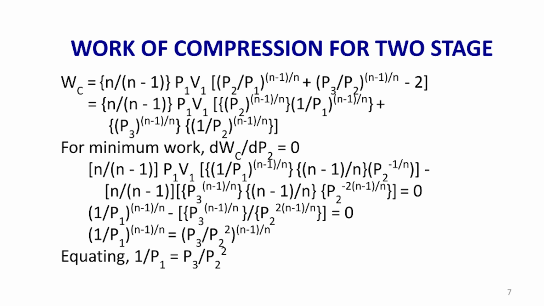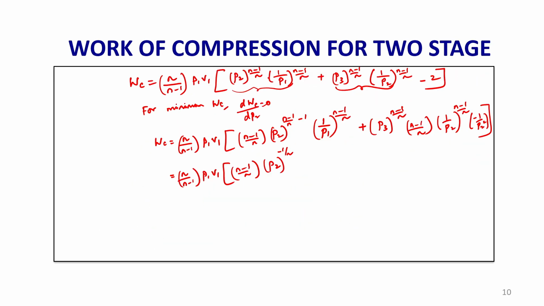So, after differentiating, one step is skipped here. Let me write this one: this is 1 by P1 whole power n minus 1 by n, plus here this term will remain the same, P3 power n minus 1 by n. Okay. So, here also n minus 1 by n into P2 power minus 1.